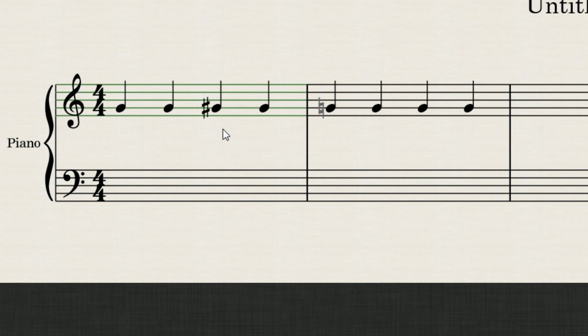So it affects all the notes to the right of that note of the same note within the same measure. So what I mean by that is that this is G sharp and this is G sharp. However, when you move this to a different note, it's not sharp anymore. So you got G, G, G sharp. So it sounds like this. And then regular A, and then back to G's.